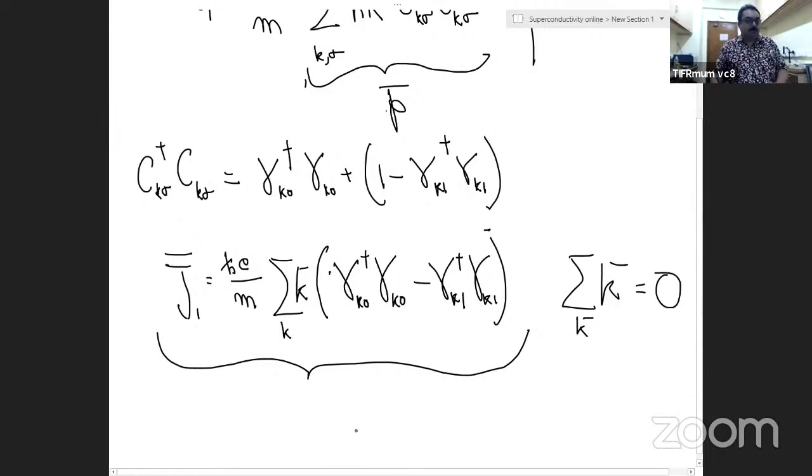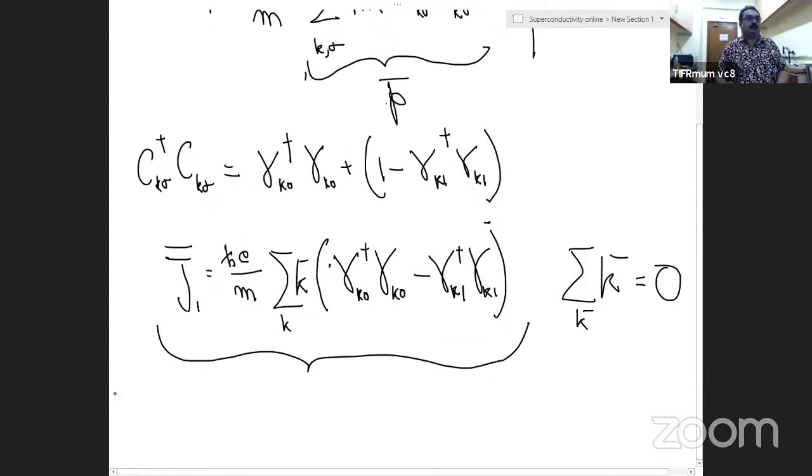All right. So now as usual, if I have to calculate the physical current at any temperature, then I have to calculate the thermal average of this.